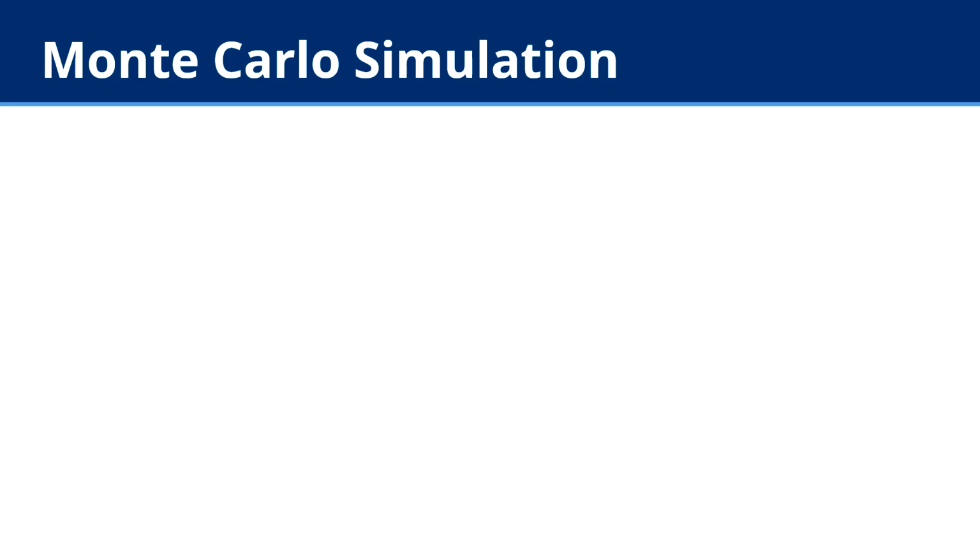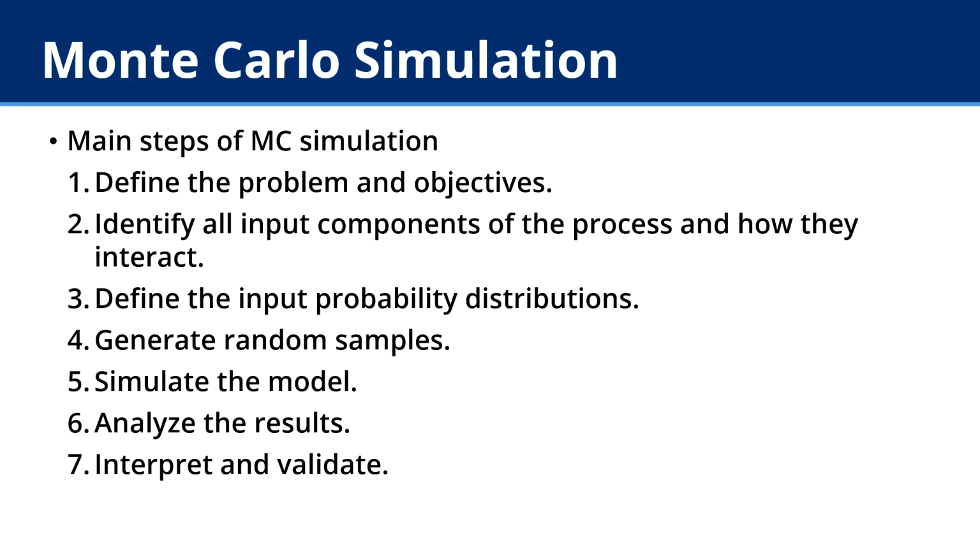Some of the main steps in Monte Carlo simulation. It's very similar to other types of modeling. You first have to start with a problem definition and setting the objectives. And then you have to identify all of the inputs. You also have to figure out how these different inputs interact with one another or how they affect one another.